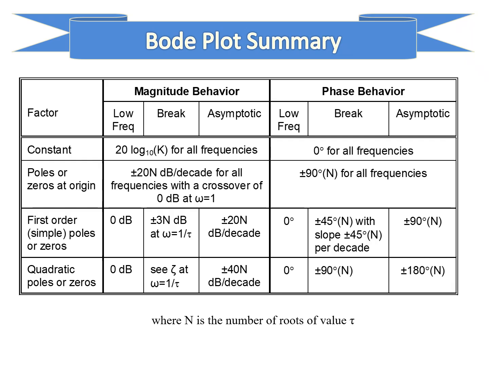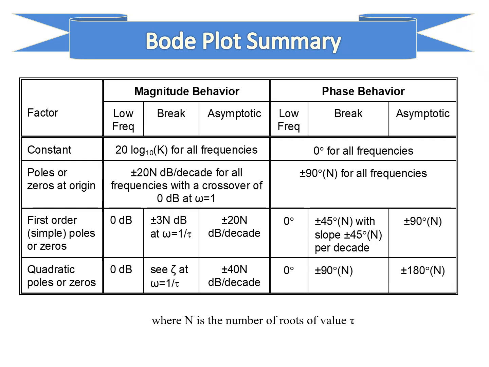For poles or zeros at the origin, the magnitude is plus minus 20 n dB per decade for all frequencies with crossover of 0 dB at omega equal to 1. The phase angle is plus minus 90 degrees multiple n for all frequencies.